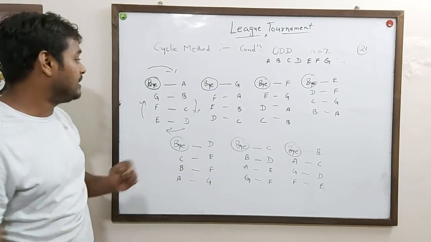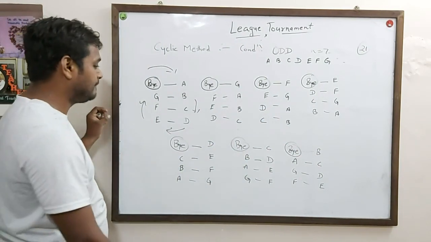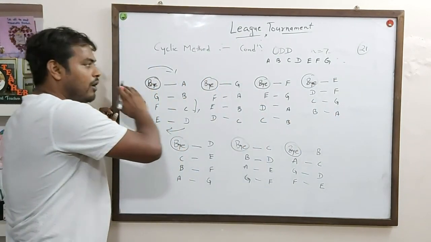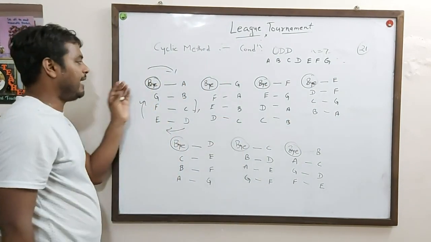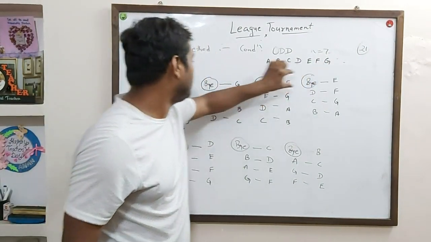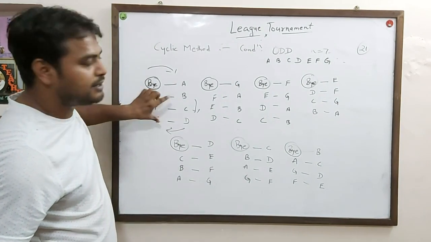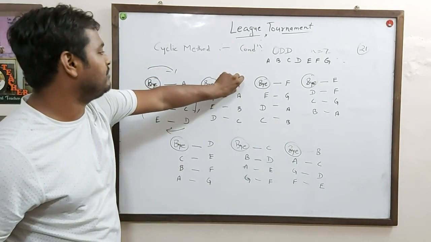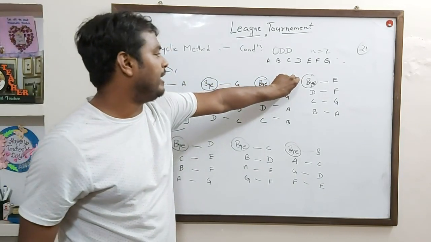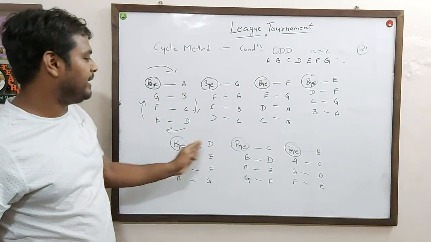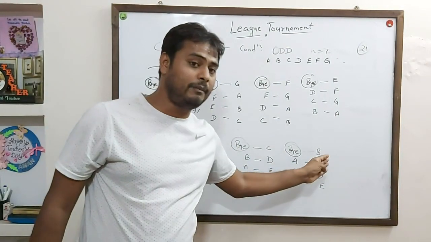Now we will cross check how many matches are here. In all rounds, the team which has the bye is not playing. In the first round team A is not playing, in the second round team G is not playing, in the third round F, in the next round E, in this round D, in this round C, and in the last round B is not playing.